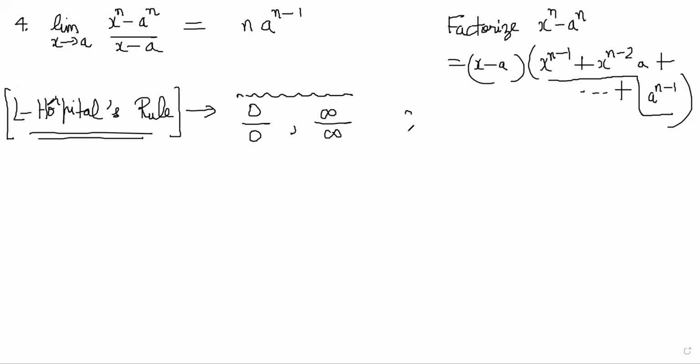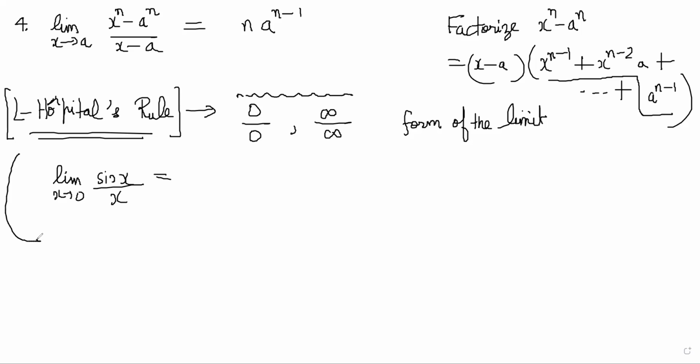For example, limit x tends to 0 of sin x by x is in 0 by 0 form, right? We already know that it is 1. We have derived it by geometry, but we can do it by L'Hopital's rule.